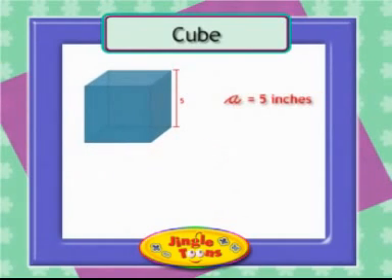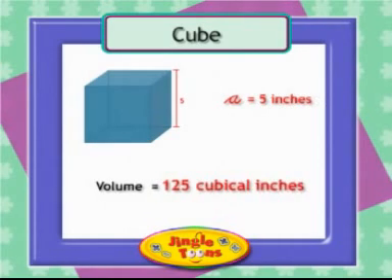A is equal to 5 and the formula is volume of the cube is equal to A cube. So, volume is equal to 5 cube. Thus, volume is equal to 125. And since the side length was given in inches, the volume is 125 cubic inches.